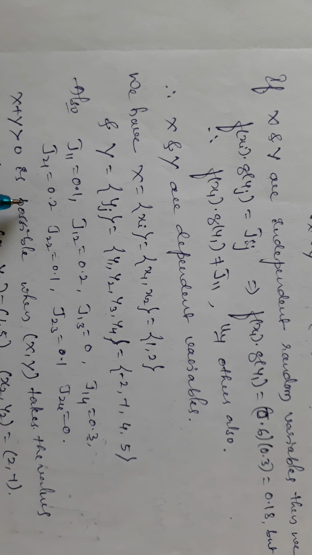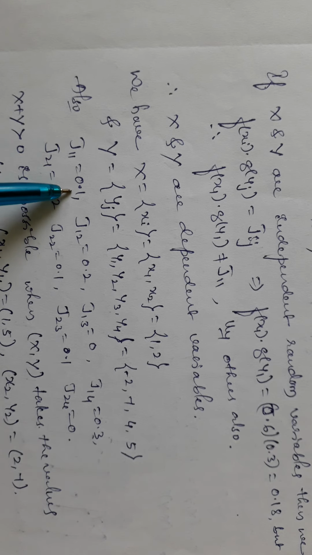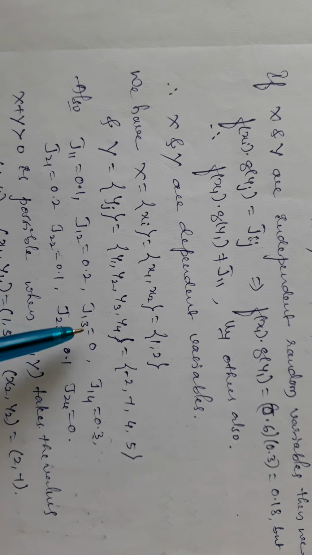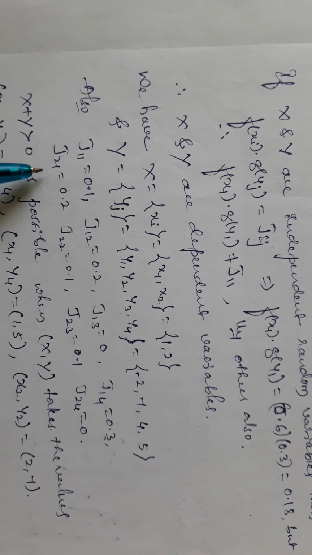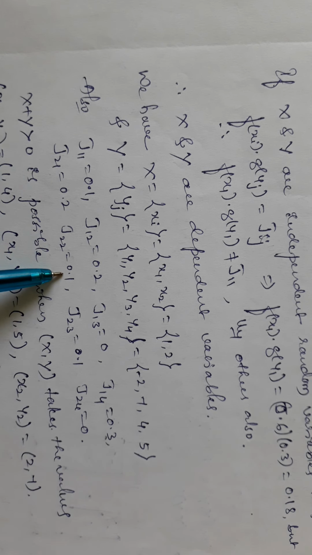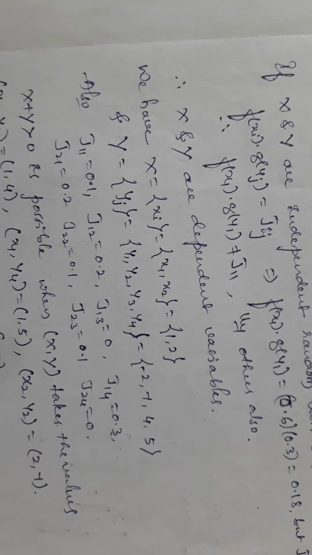Now we need x plus y greater than 0, and from the table we have the values: j11 is 0.1, j12 is 0.2, j13 is 0, j14 is 0.3, j21 is 0.2, j22 is 0.1, j23 is 0.1, j24 is 0.